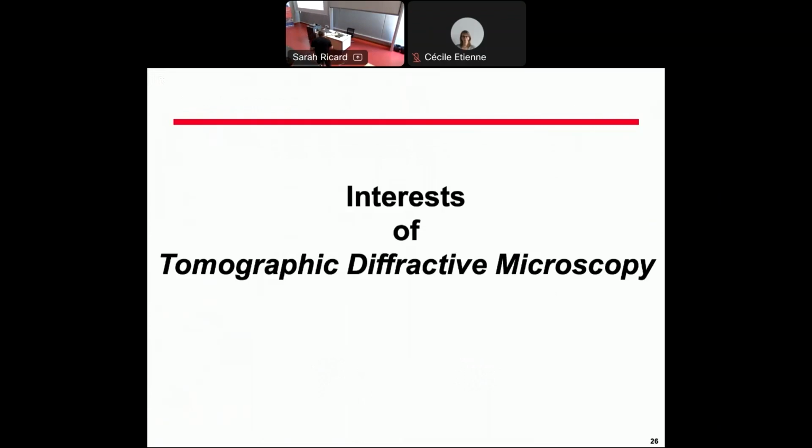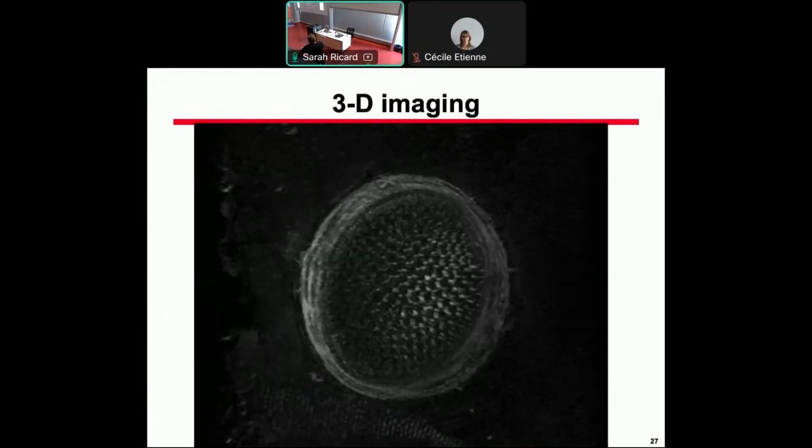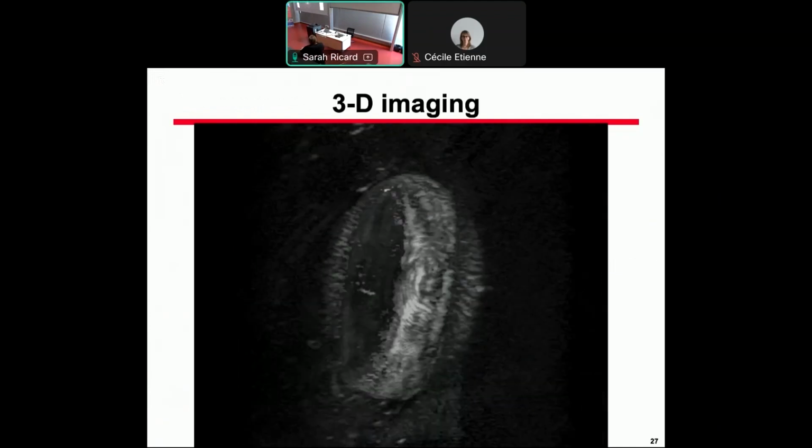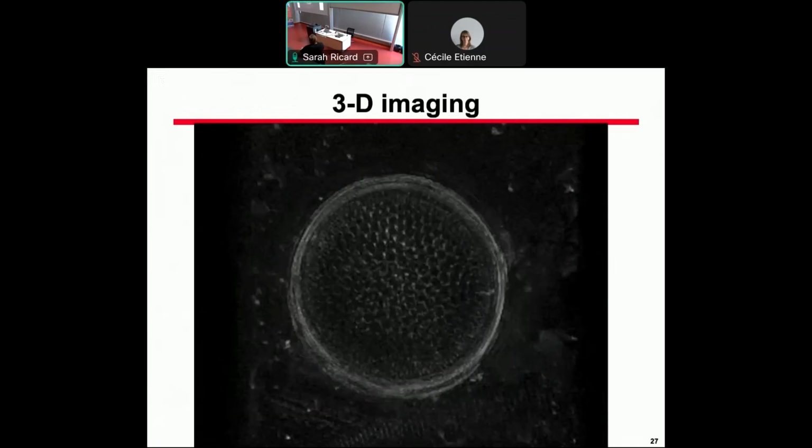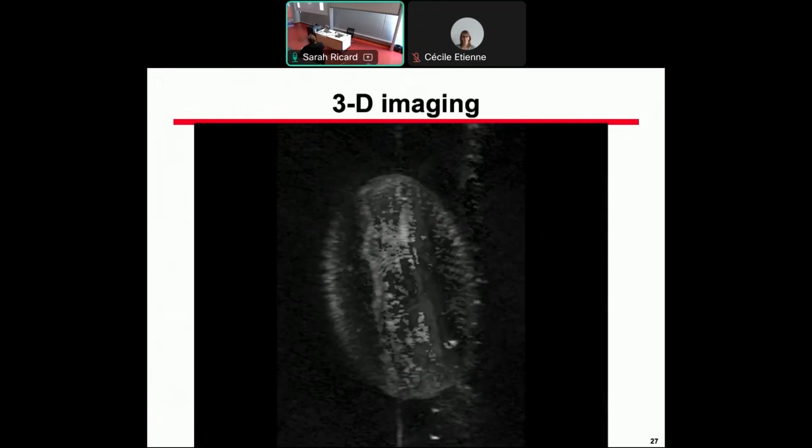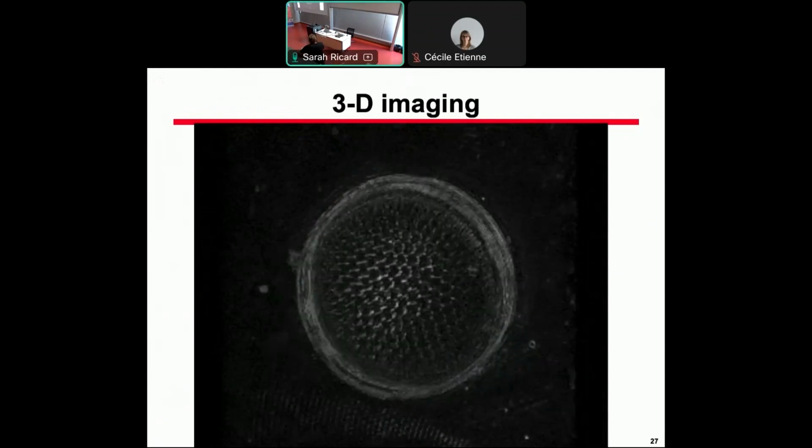Okay, so what is the interest of this? Why do we develop something that is new? First, it's natural 3D imaging. This is a diatom which is fully transparent.